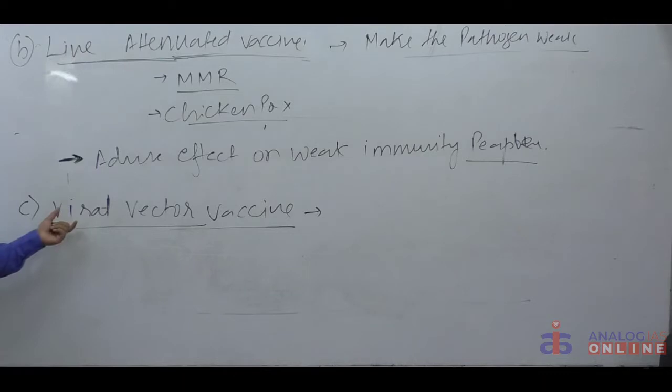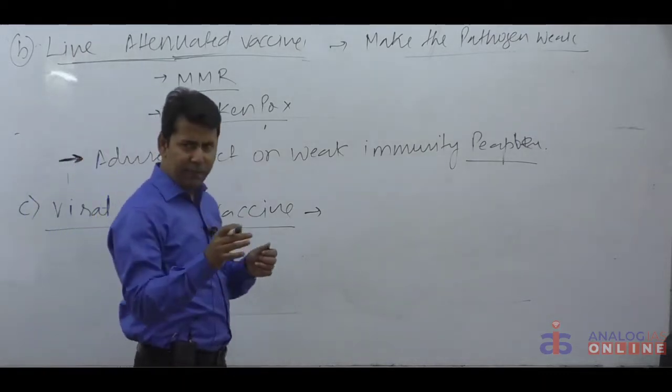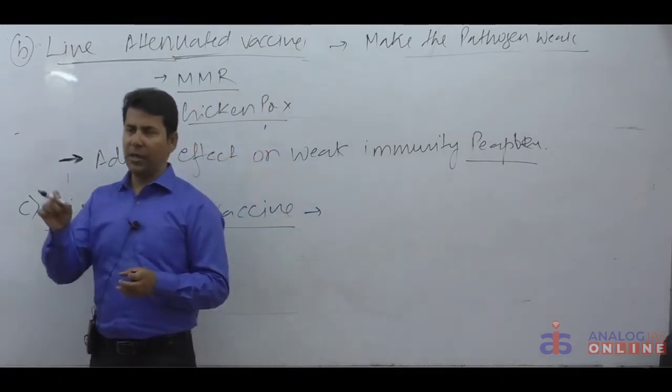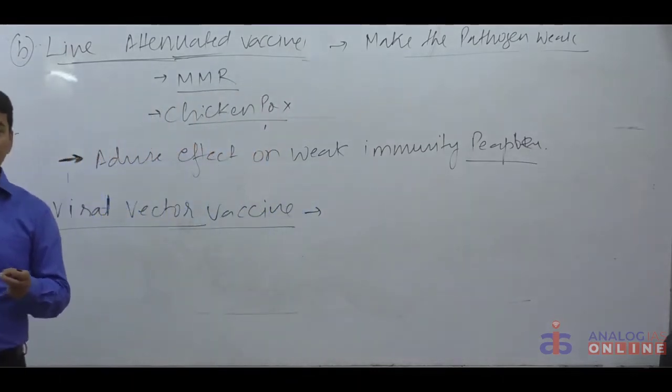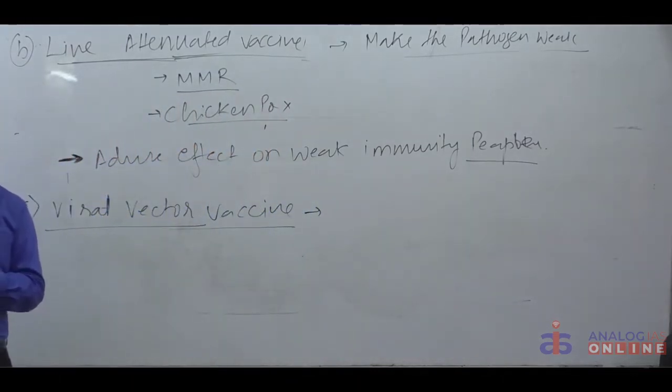So we have another way, viral vector. That means we'll use a very mild virus and then put part of the pathogen into the mild virus.